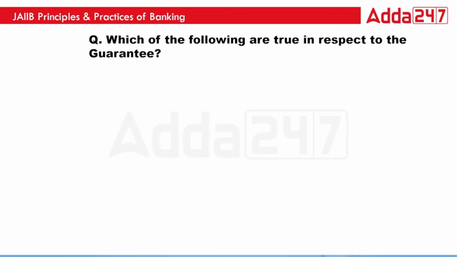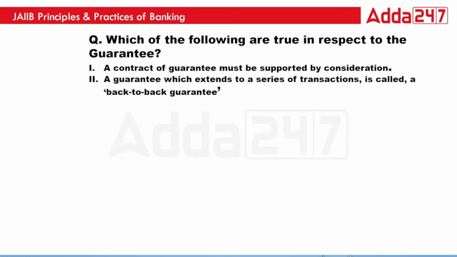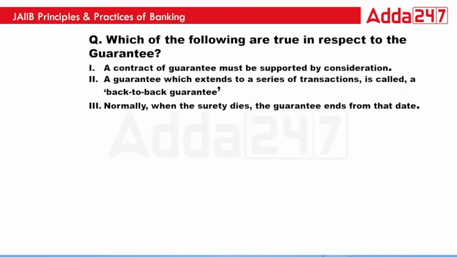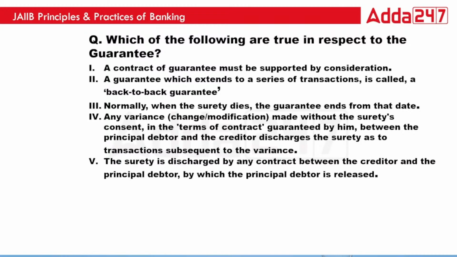The next question is, which of the following are true in respect to the guarantee? 1, a contract of guarantee must be supported by consideration. 2, a guarantee which extends to a series of transactions is called a back-to-back guarantee. 3, normally, when the surety dies, the guarantee ends from that date. 4, any variance, change or modification made without the surety's consent in terms of the contract guaranteed by him between the principal debtor and creditor discharges the surety as to transactions subsequent to the variance. 5, the surety is discharged by any contract between the creditor and principal debtor by which the principal debtor is released.